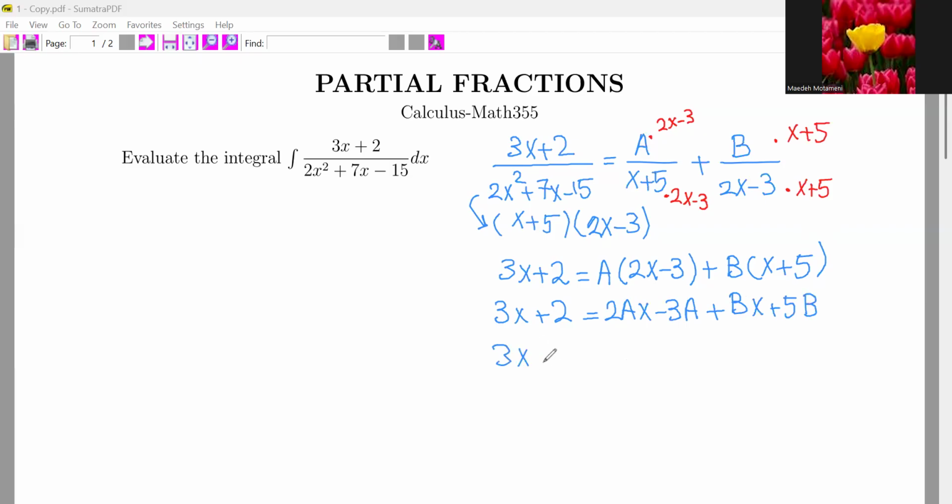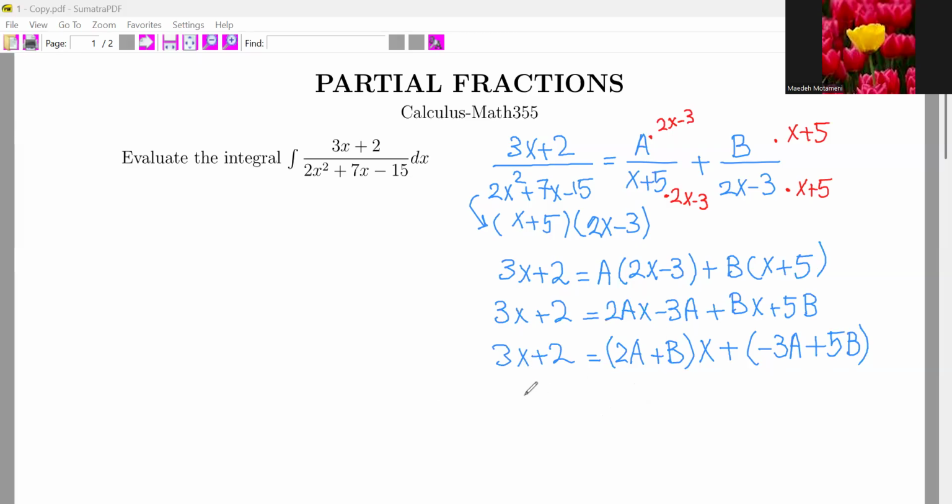We're going to factor out the terms that have x. So you would have 2A plus B times x, and the rest, which is negative 3A plus 5B, doesn't have any x or any other variables. So we would consider this as a constant.